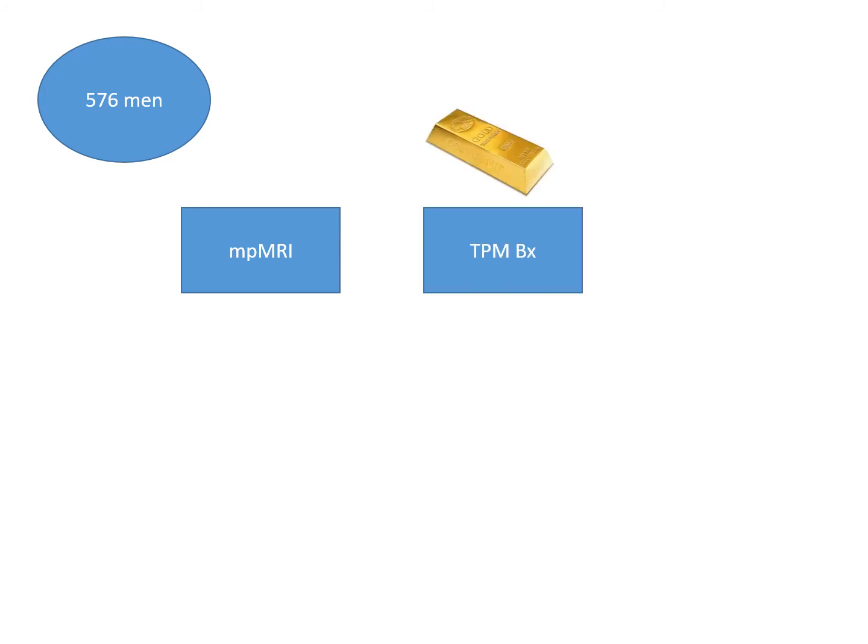Basically, they had a recruitment pool of about 600 people. They did the multiparametric MRI, as I've already explained. Then they did transperineal template mapping biopsy, which is the gold standard assessment.